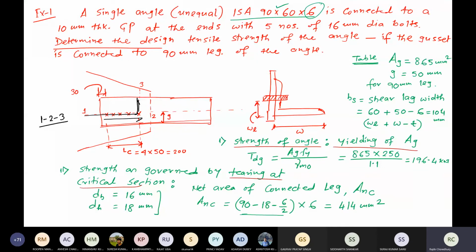Then the block shear will get activated, and the entire connected part will get out from the gusset plate along with the gusset plate. So the failure plane develops along line 1, 2, 3.